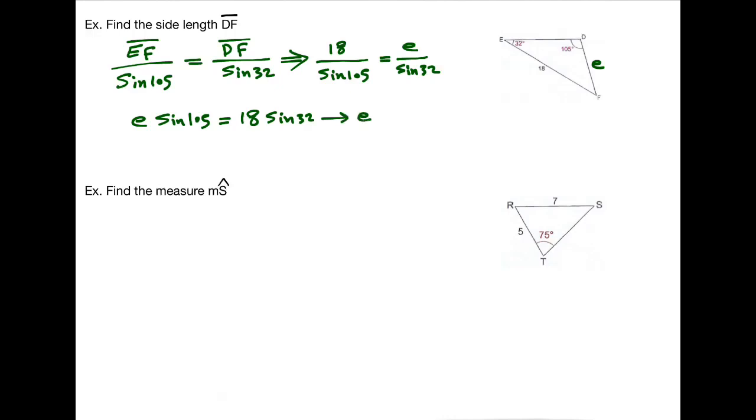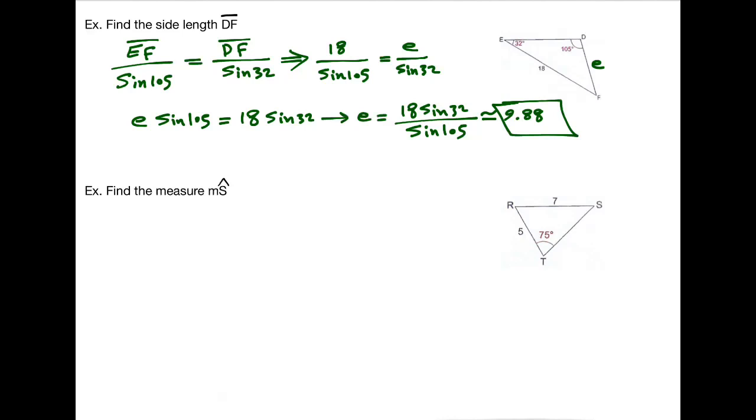So e equals 18 times sine of 32 divided by sine of 105. Using a calculator, you will find this is about 9.88. So this is the side length of DF.